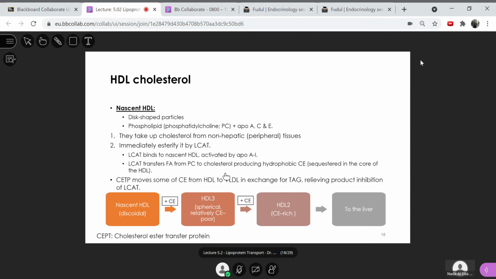Now, as you would imagine, HDL as it circulates and collects cholesterol esters, they might get overloaded or oversaturated, and with too much cholesterol esters, that might inhibit the enzyme, the LCAT, the esterifying enzyme. So how can we go about this? There is an enzyme, CETP, cholesterol ester transfer protein.